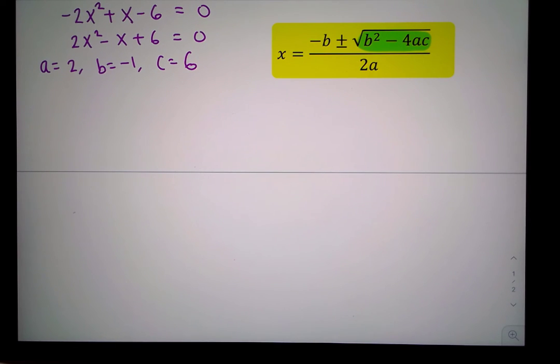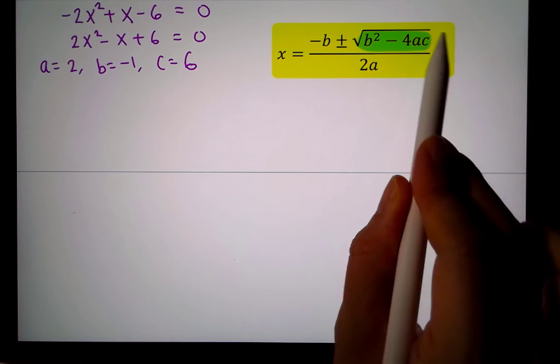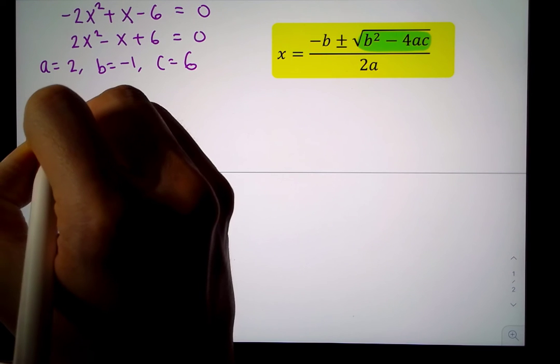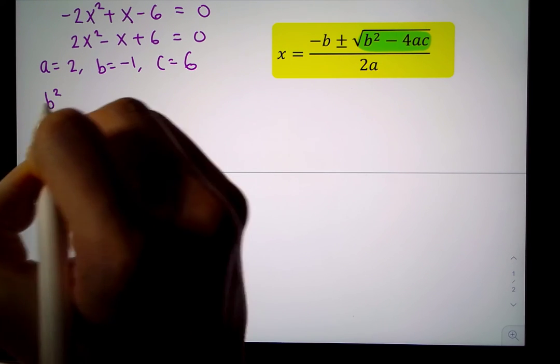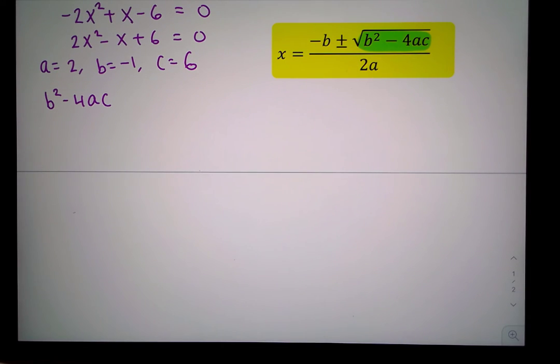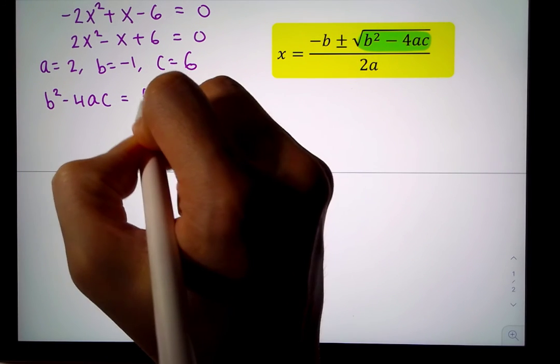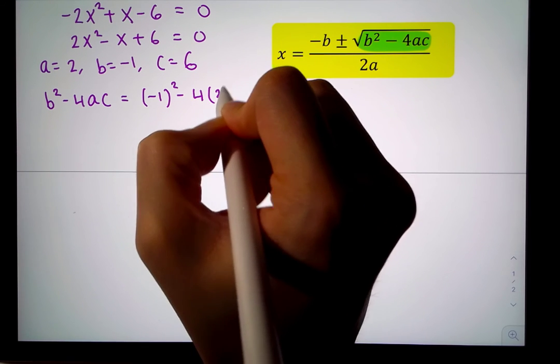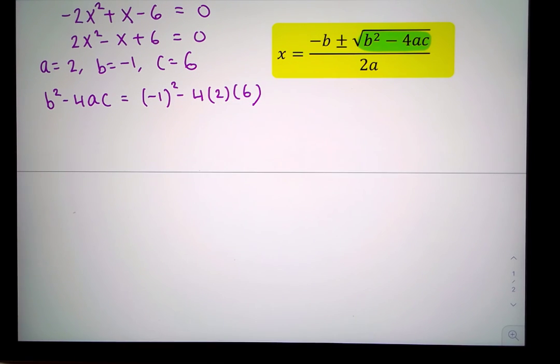So I'm gonna plug my numbers into the formula. And also I want to do the inside of the radical first, because anyway you have to calculate it. I want to do the complicated one first. So b squared minus 4ac, like that.